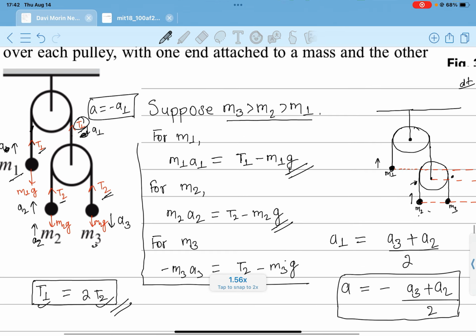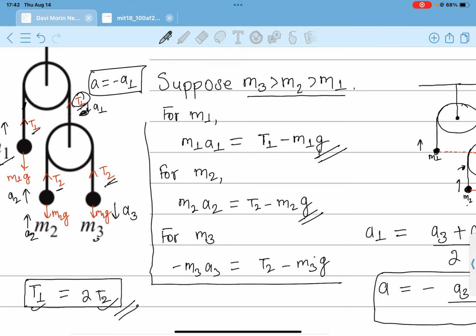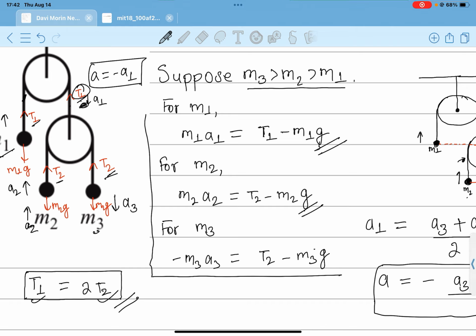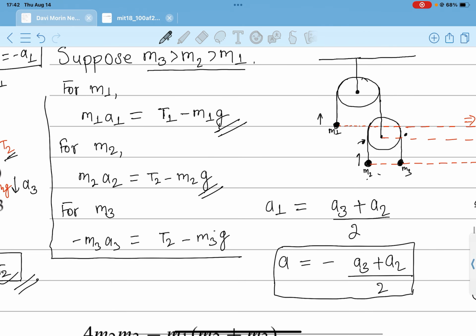Okay, so here we have three relations for four variables, one tension and three accelerations. So we need one more relation. We get that from the relation between the accelerations of these masses.